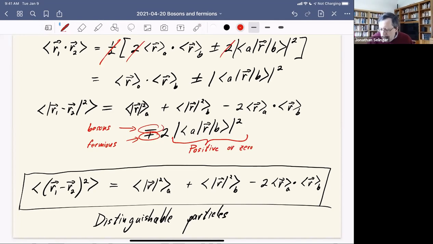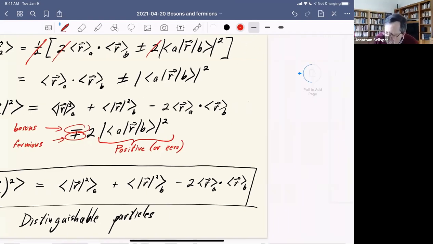Right? It might be 0, but it can't be negative. It can't be complex. Okay, so this is some positive number there. And for the case of bosons, we are subtracting a positive number. For the case of fermions, we are adding a positive number.